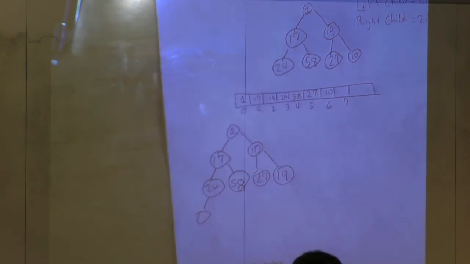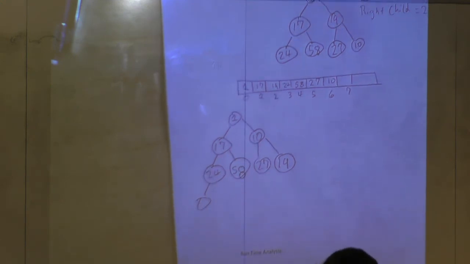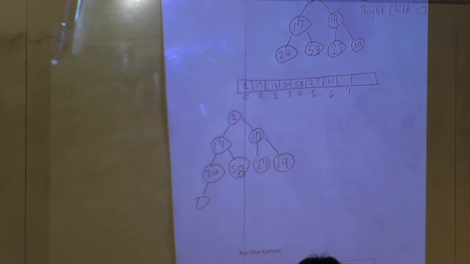Now, for deletion, there's something special about heaps. You cannot just delete any element. There's only one element that you can delete, and that's the root, because the way it's set up, it just wouldn't make any sense to delete arbitrary elements. So essentially, you're deleting the one element at the root, and then you bring the last node in there, and it's going to percolate down.